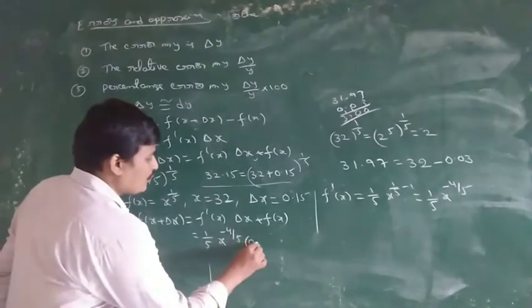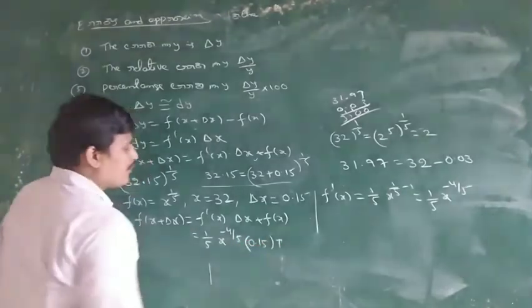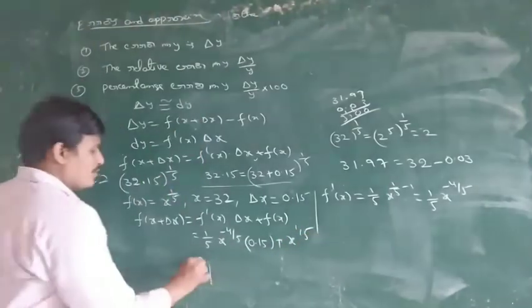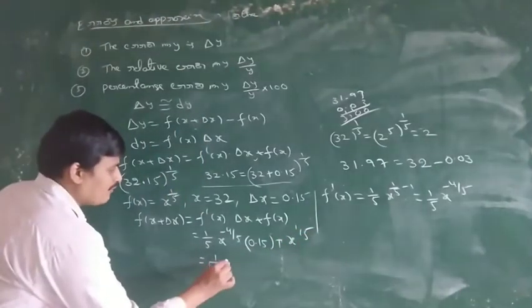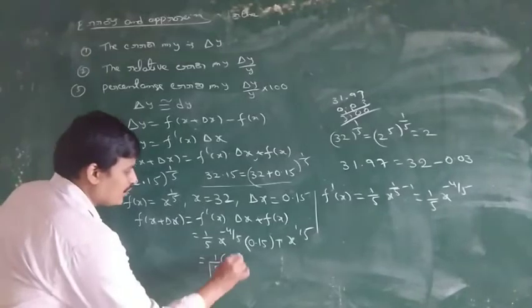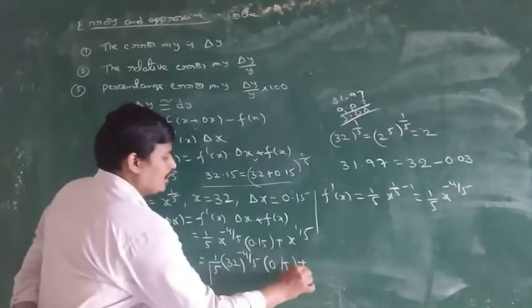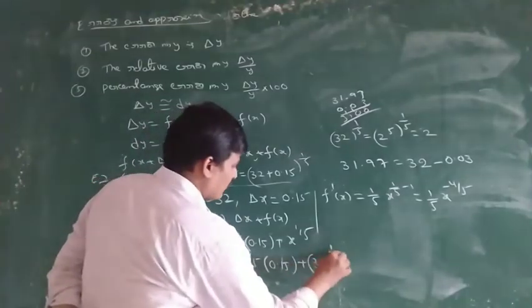Delta x is equal to 0.15, and f of x is equal to x power 1 by 5. So substitute the x value: 1 by 5 into (32) whole power minus 4 by 5 into 0.15, plus 32 whole power 1 by 5.